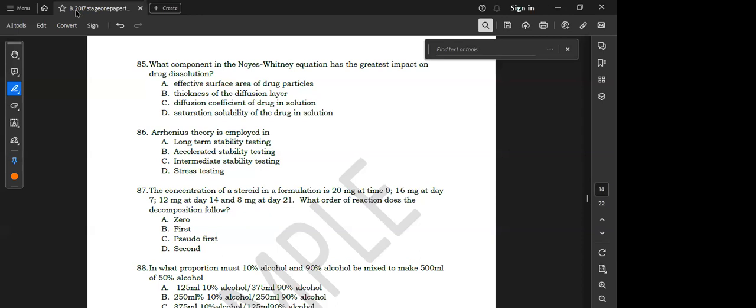So the surface area. It explains the rate of dissolution when the process is controlled and comprises no chemical reactions.